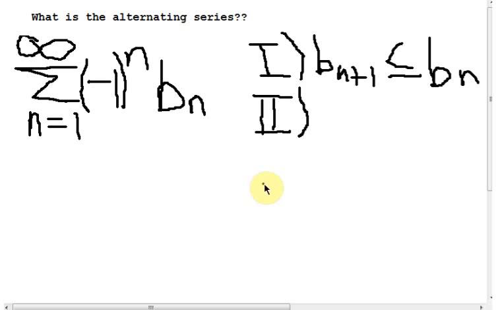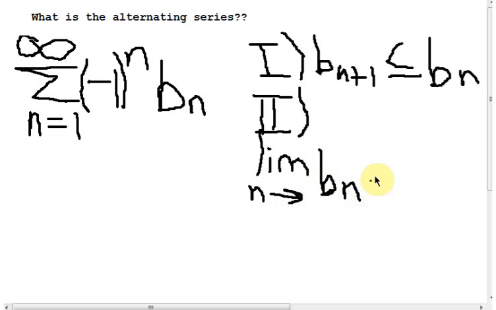The second condition would be the limit as n approaches infinity of bn, our term, would have to equal 0. The first condition shows that the terms are getting progressively smaller, and the second condition is showing that they would eventually reach 0. So this shows convergence among alternating series.